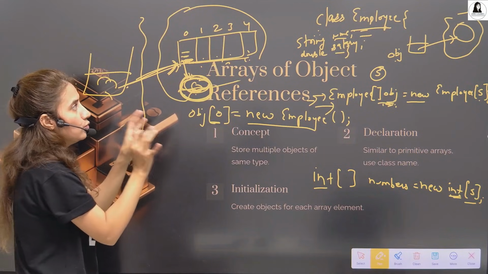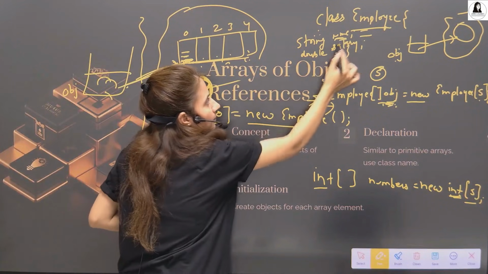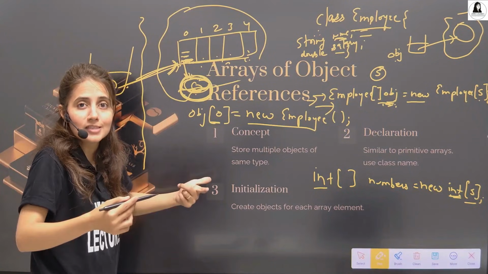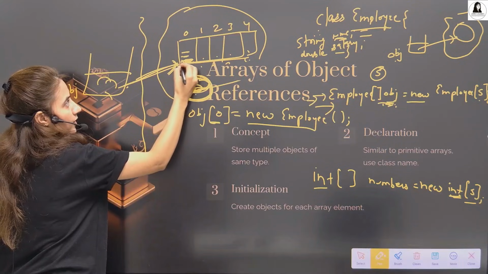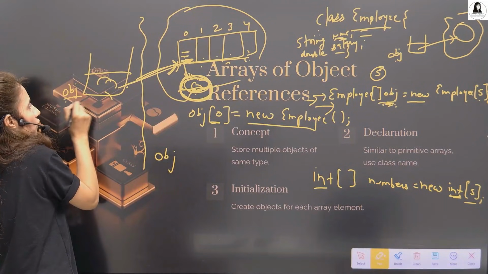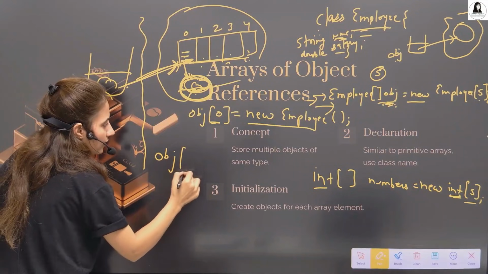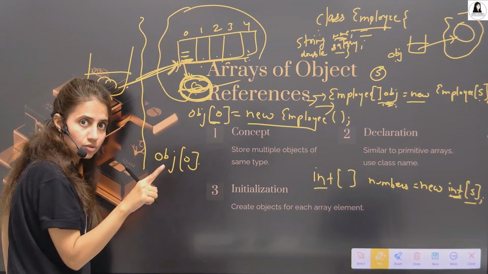Okay, so if you want to access the name of the first object, how will you access it? First you have to go here, at the first index of this array. Using obj, you access obj at the 0th index, and dot.